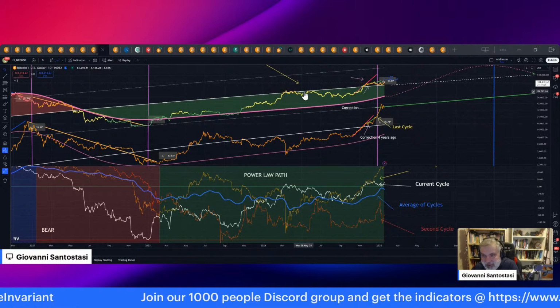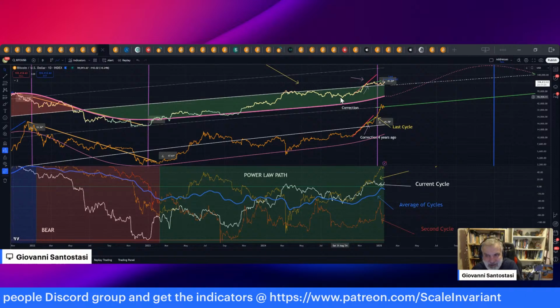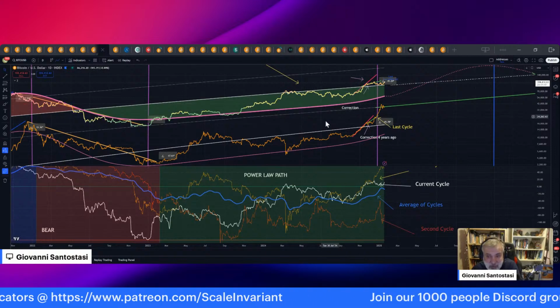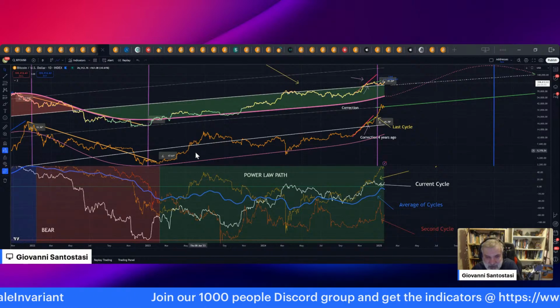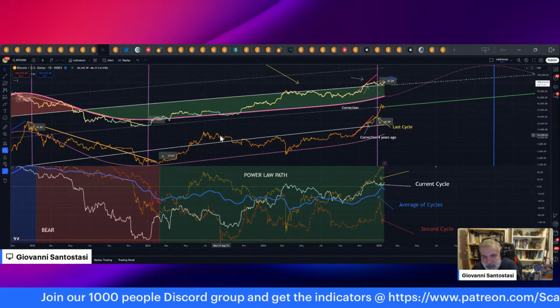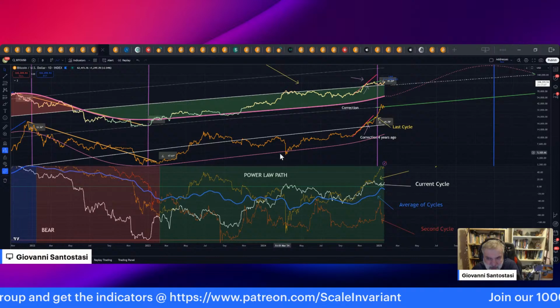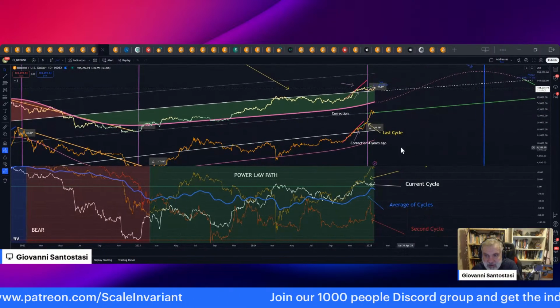We didn't like it because it was not supposed to be there. The price corrected and didn't go all the way to the support. It did go last time, because something similar happened there. We left the power law early. It was not supposed to be there. There was a correction, even a stronger correction. We brought it all the way down to the support line. And that was COVID.